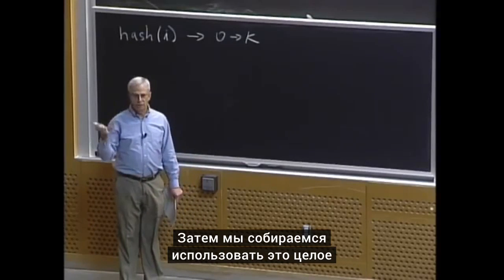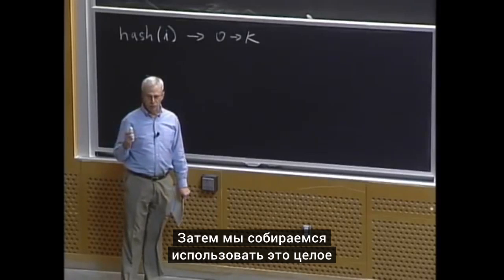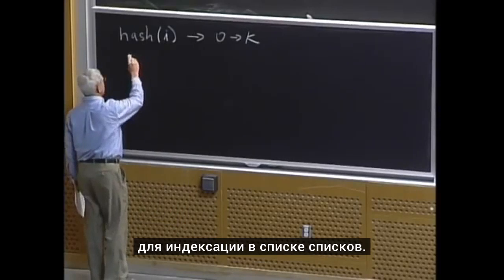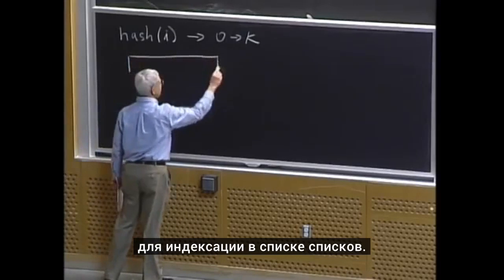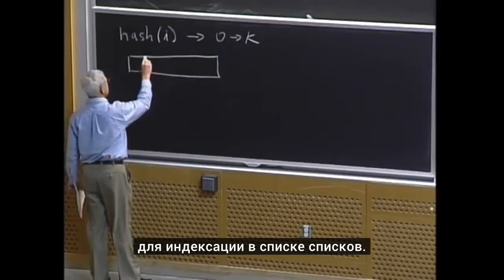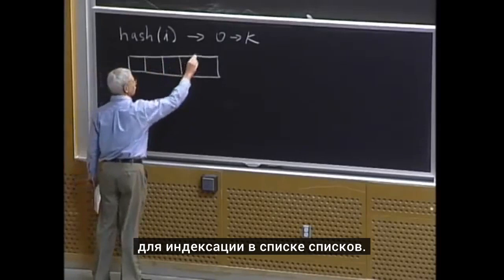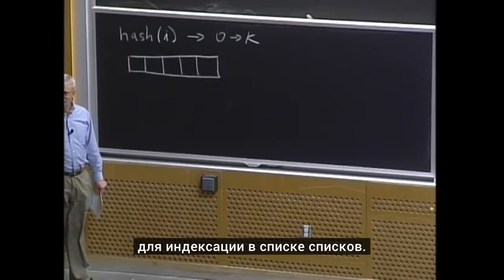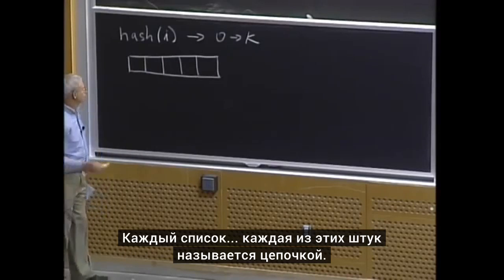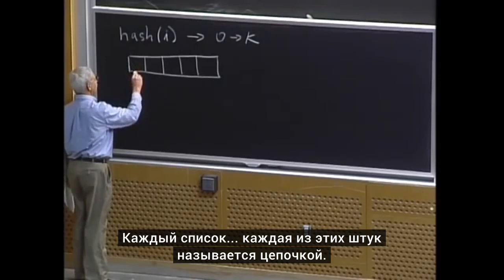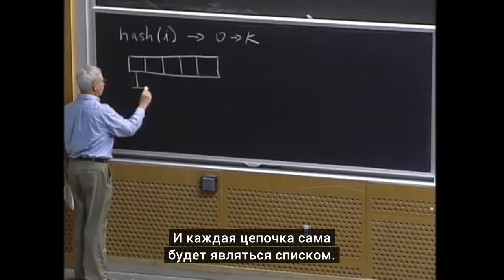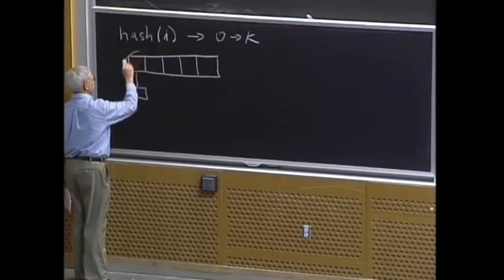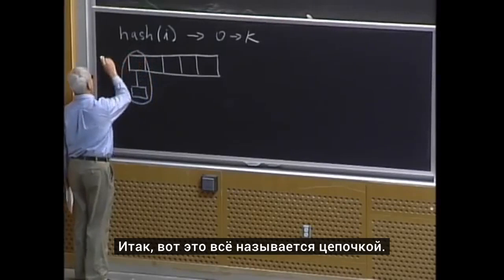We're going to then use this integer to index into a list of lists. So each of these is called a bucket, and a bucket will itself be a list. So this together is called a bucket.